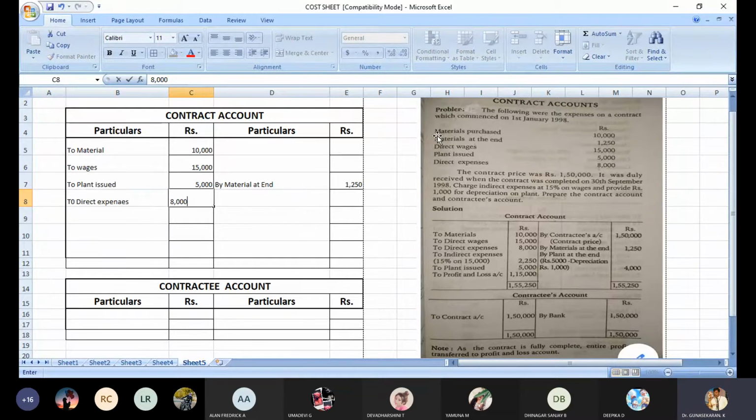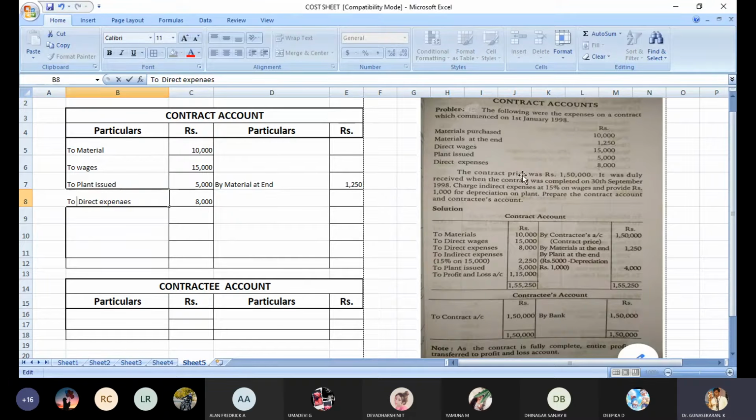All the information, all the expenses are entered in the contract account, debit side and credit side. Credit side only has 1,250 rupees. To material, to wages, to plant issue, to direct expenses. So all the expenses are entered on the contract account debit side. Okay.